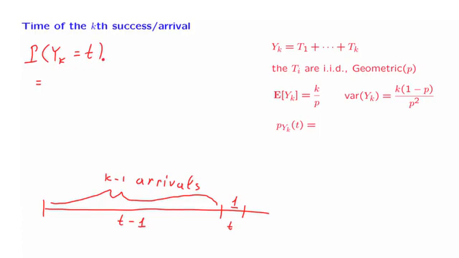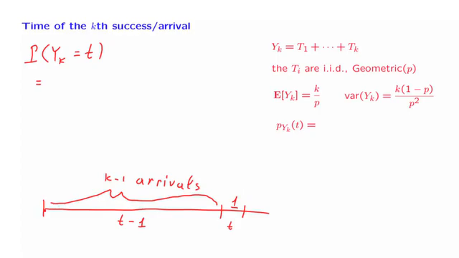The probability that yk is equal to t is the probability that these two events happen. K minus 1 arrivals in t minus 1 slots and one arrival at slot number t. So we are looking at the probability that these two events occur.